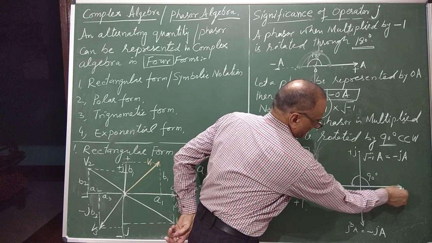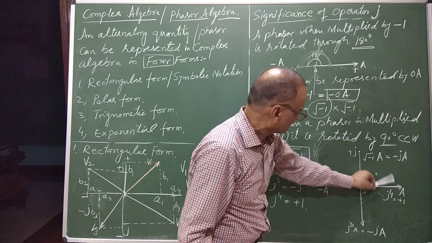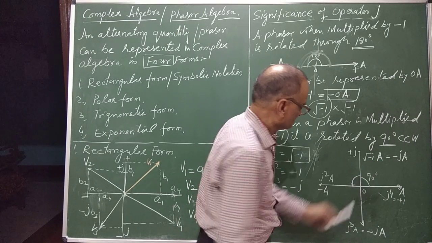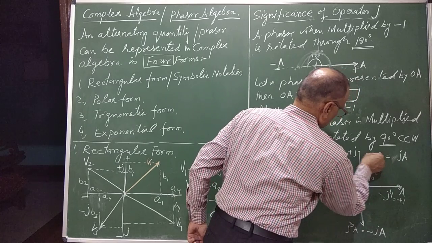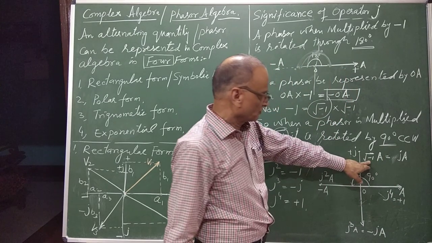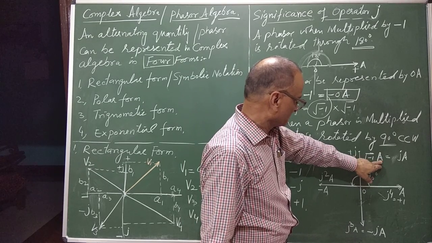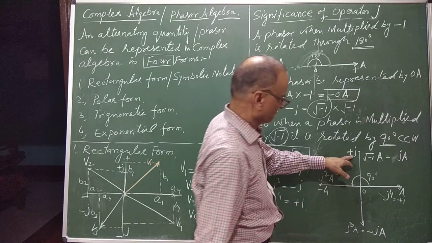This vector is OA. Multiply OA by j, it will become here. Under root minus 1 is j, so under root minus 1 into A is jA. So this is positive x plus j.